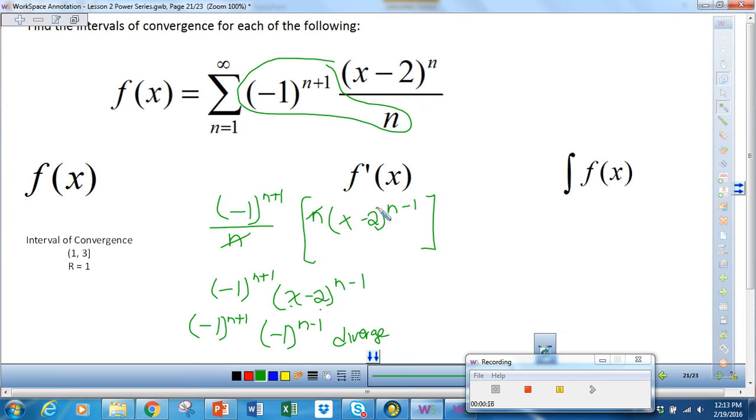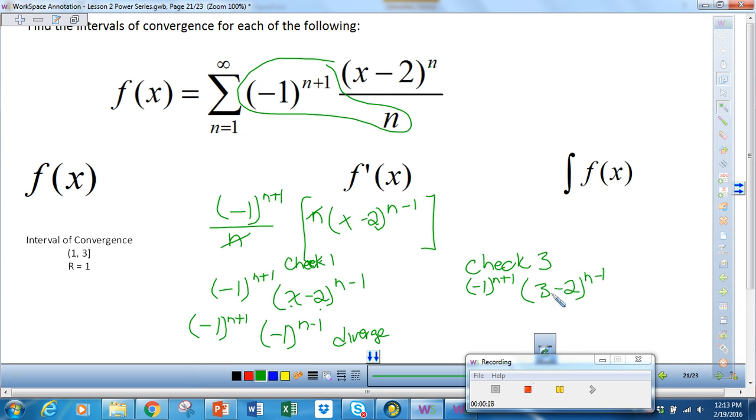And now we try 3. And sort of looking at it, I can sort of see that 3 is going to diverge as well, but if you want to check 3, so here we checked 1, and here we're checking 3. So checking 3, I get negative 1 to the n plus 1, and 3 minus 2 to the n minus 1.